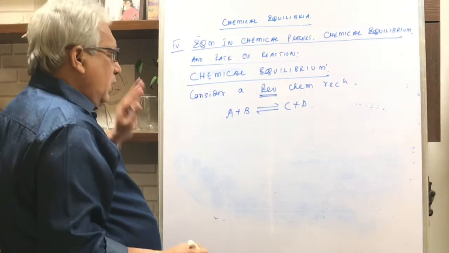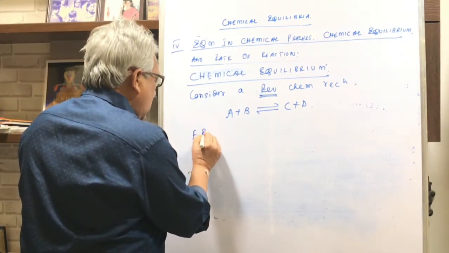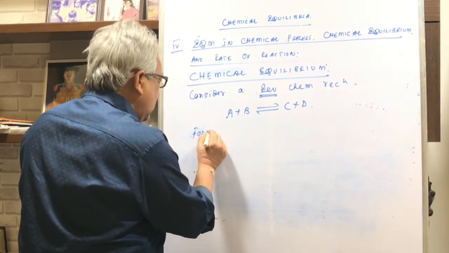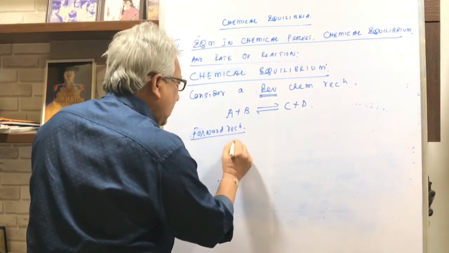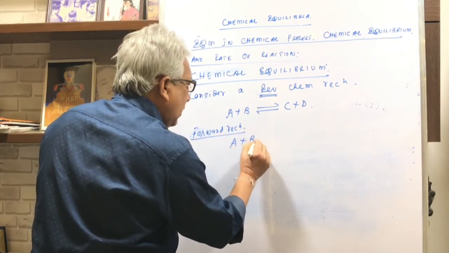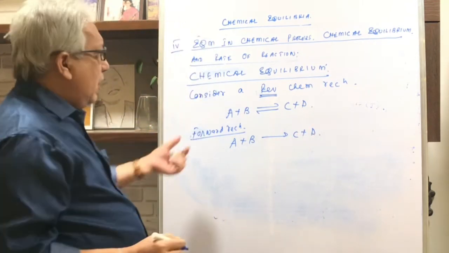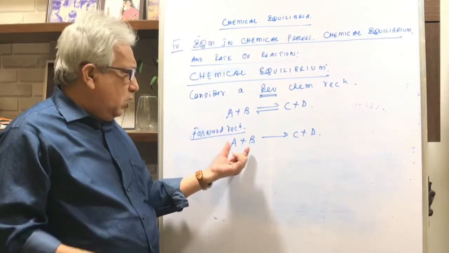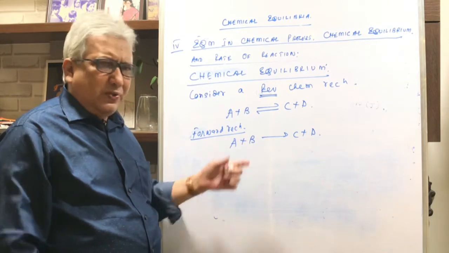Is that okay? Now let us consider the forward reaction. When you consider the forward reaction, A and B are giving me C and D. Initially I had taken A and B in full, whatever I wanted to take, and so the concentration of A and B is very high.